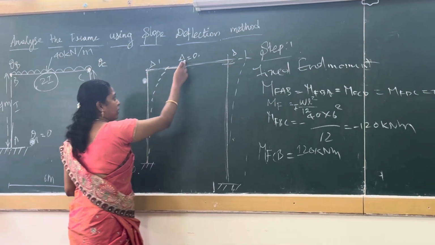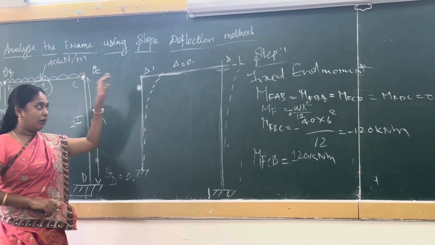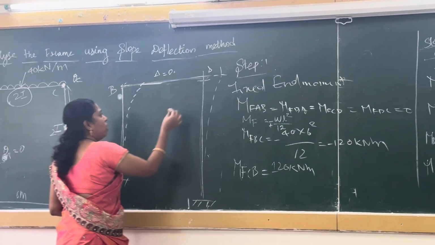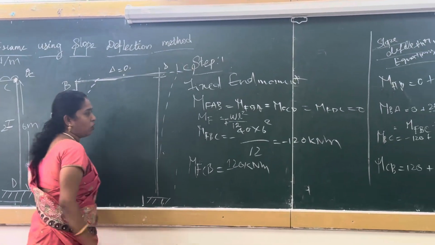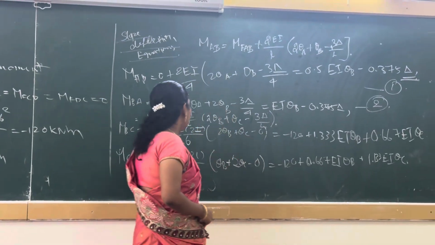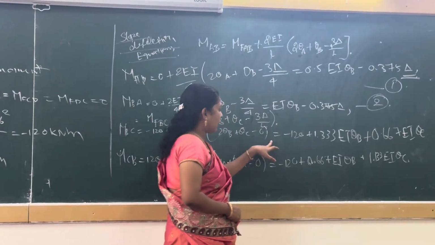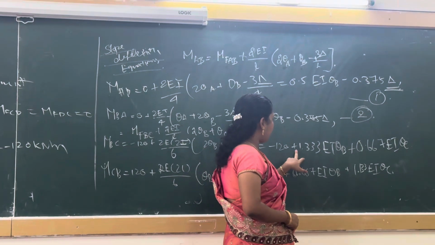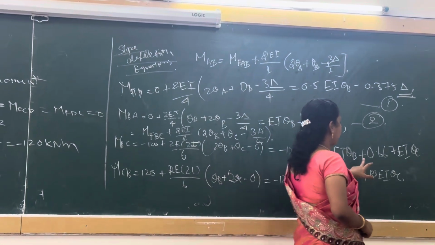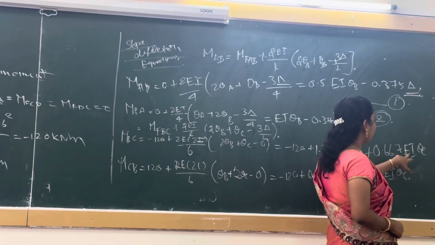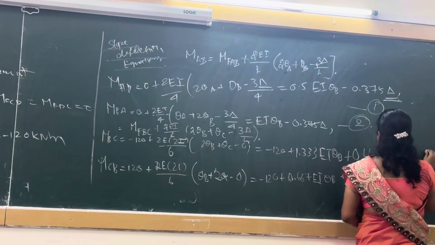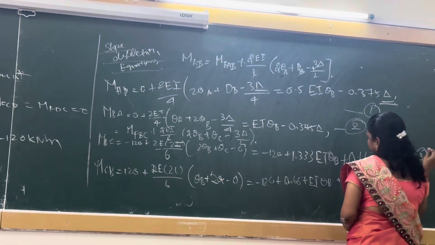So we are going to consider the del value for the beam portion as 0. Now we are getting the answer as minus 120 plus 1.33 EI theta B plus 0.667 EI theta C. So this is equation number 3.